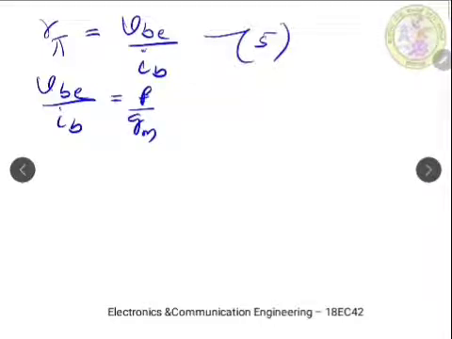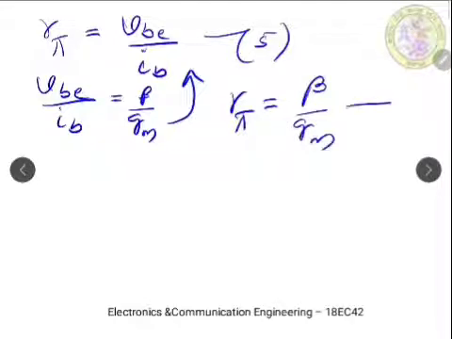Substituting this relation in the above equation 5, r pi will be equal to simply beta by gm. This is one important relation; take it as equation 6.